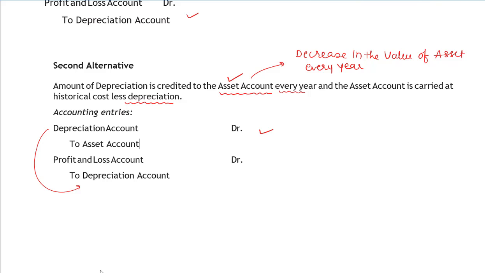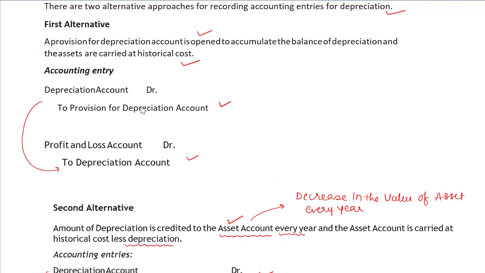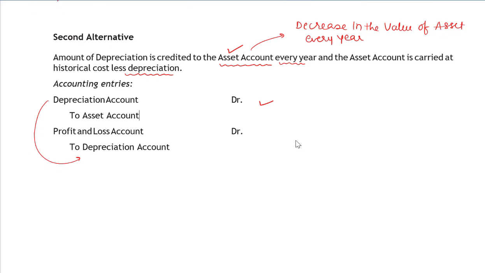So this depreciation will be transferred to profit and loss account, as it is also transferred here. In the first alternative, we are maintaining the provision for depreciation account to accumulate the balances of depreciation.